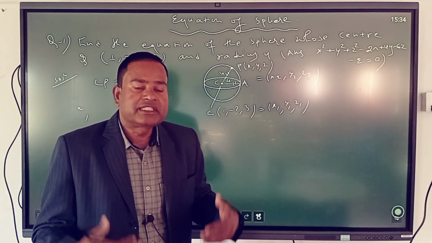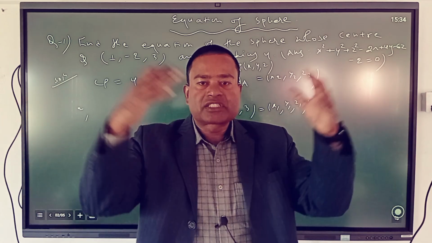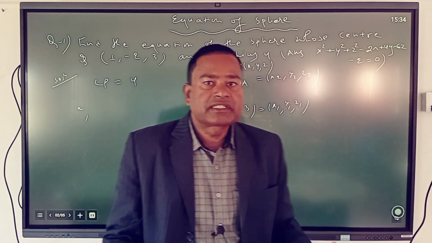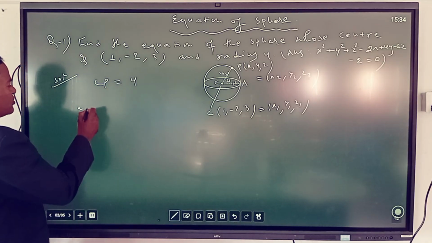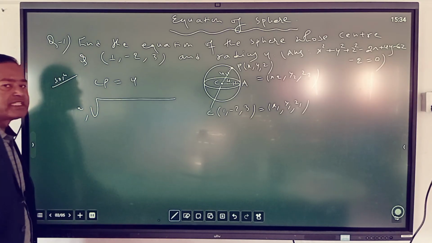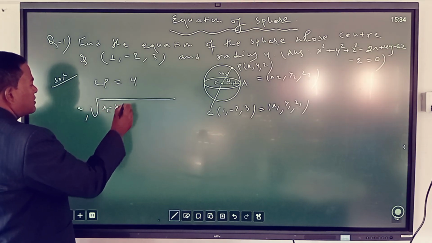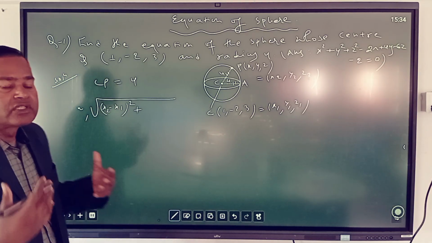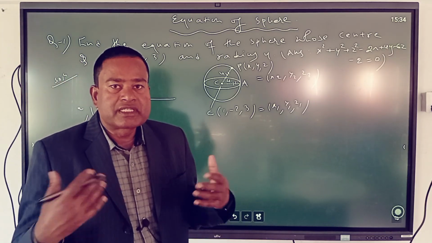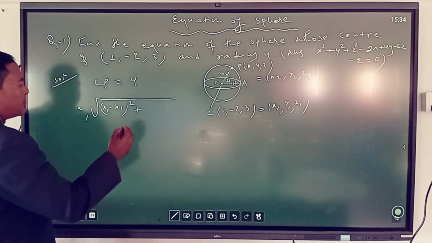We know that in the case of a 3-dimensional solid object, the distance between any 2 points in space is given by the formula x2 minus x1 whole square plus y2 minus y1 whole square plus z2 minus z1 whole square. So let's write it down.